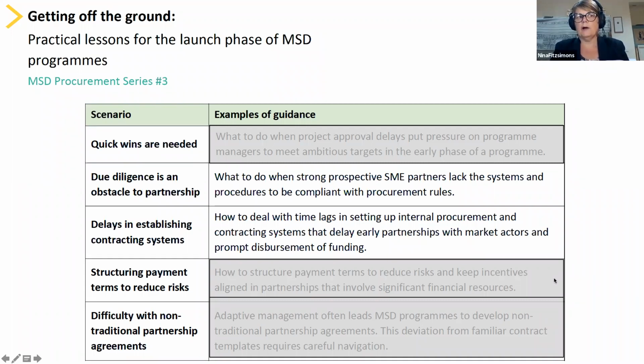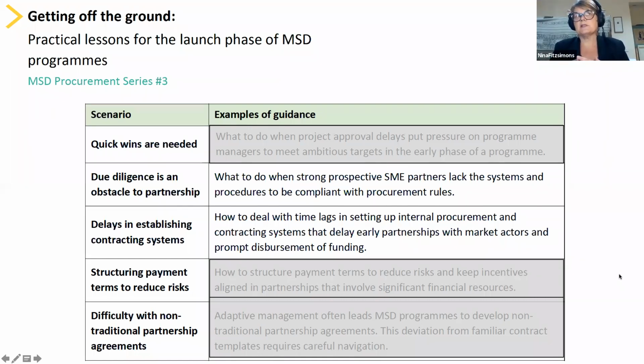So when you want to manage an MSD program that requires flexibility and more dynamic processes, you need to have devolved decision making. And for devolved decision making to happen, given the dynamic between the headquarters and the program, you need to have trust.